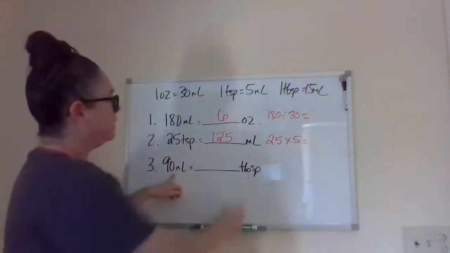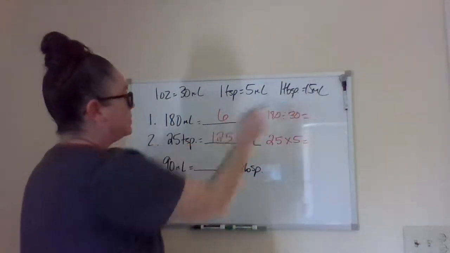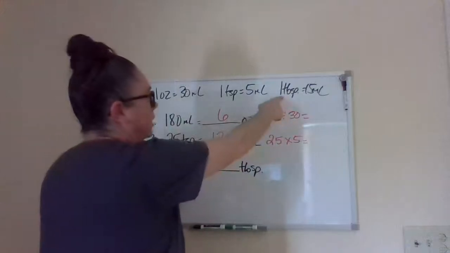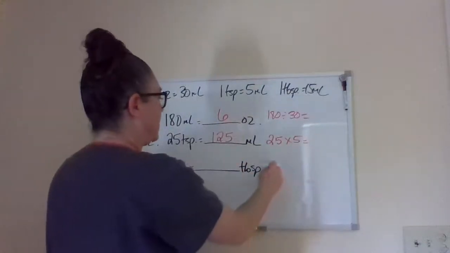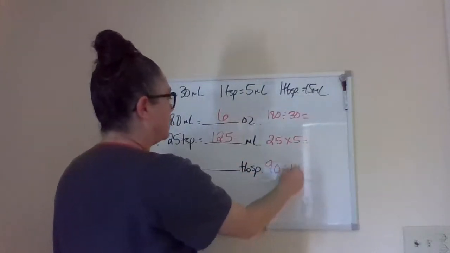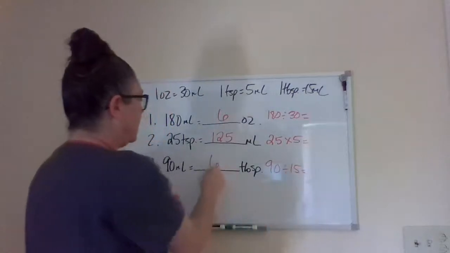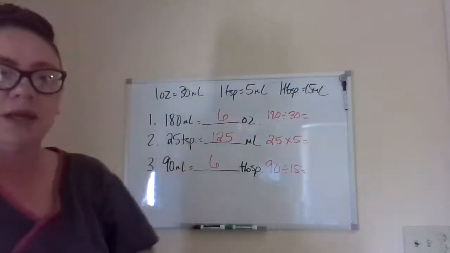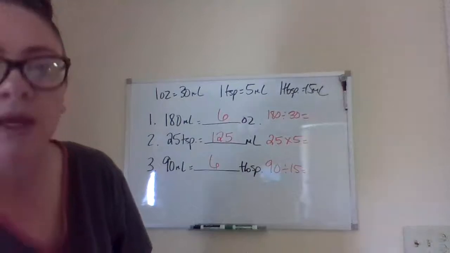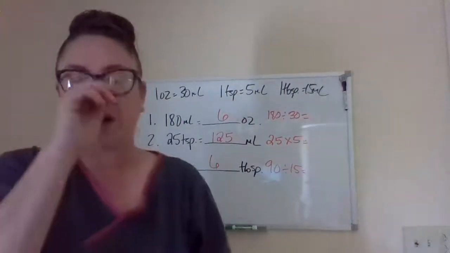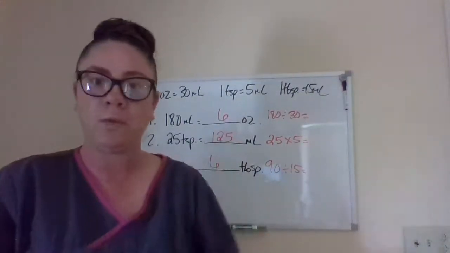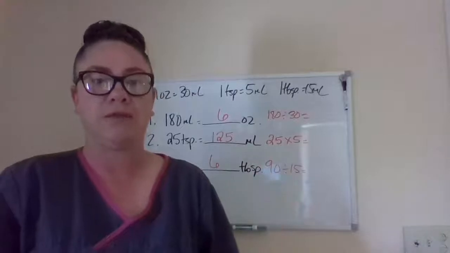For here, 90 milliliters converting to tablespoons. In 1 tablespoon, there's 15 mL. So if there's a total of 90 mLs, we're going to divide by 15, and we get a total of 6 tablespoons.